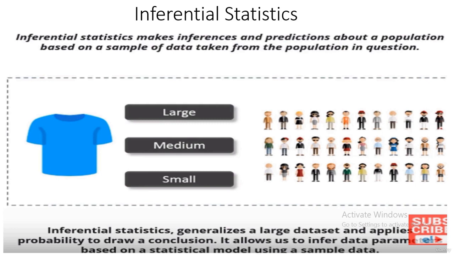It can be small, medium or large. It allows us to infer data parameters based on a statistical model using sample data. In descriptive statistics, you are not making a conclusion but describing the whole sample. But here you are concluding with a solution.